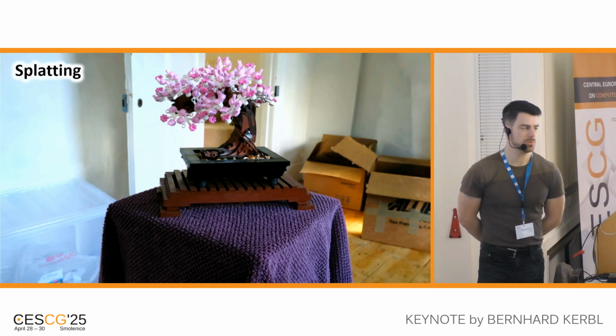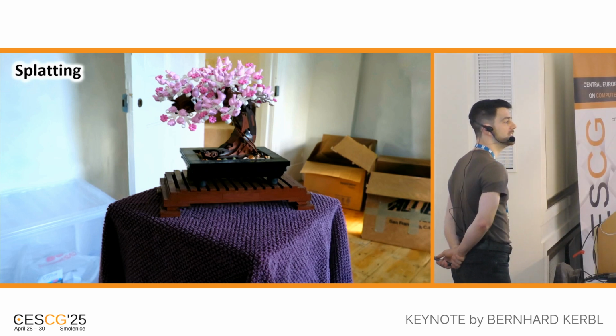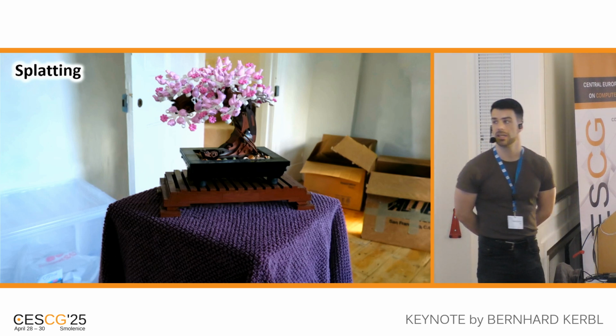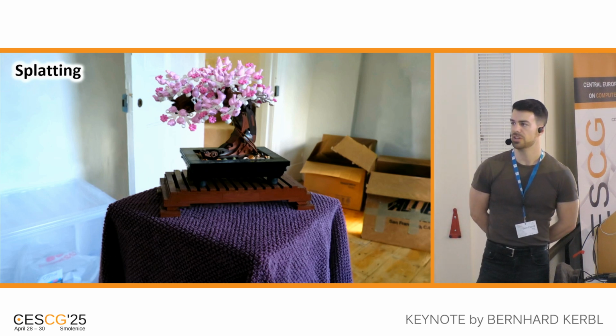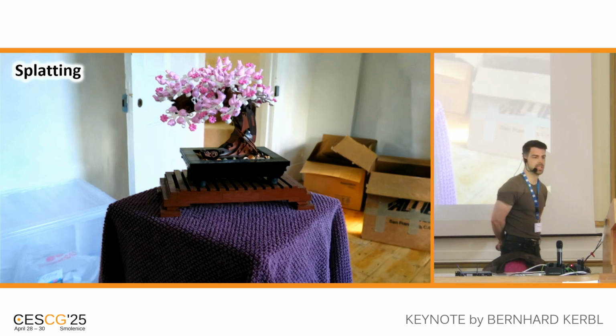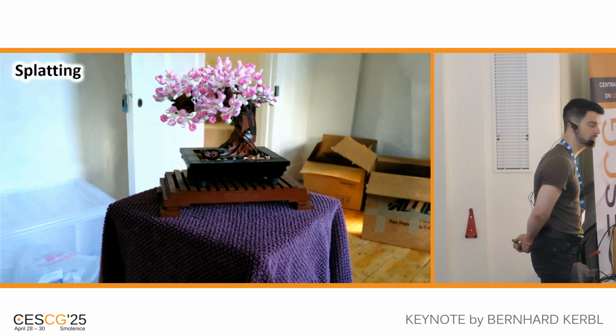So the known set of images is used to optimize the entire 3D scene representation, which you can then turn into a 3D renderable configuration of Gaussian splats, and from novel views, they can then produce novel view images.